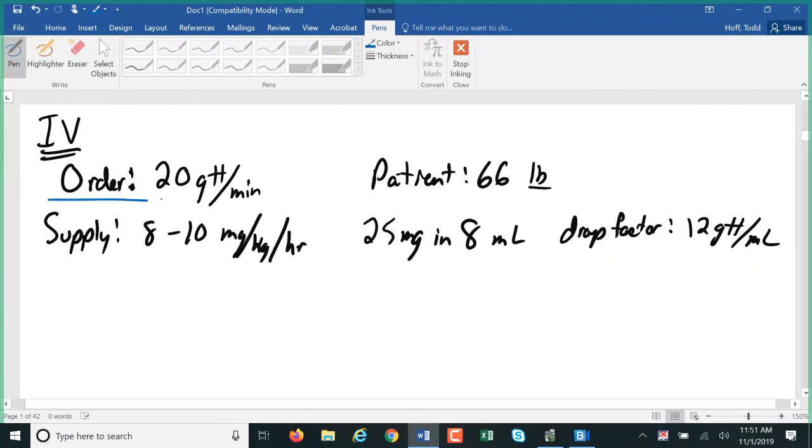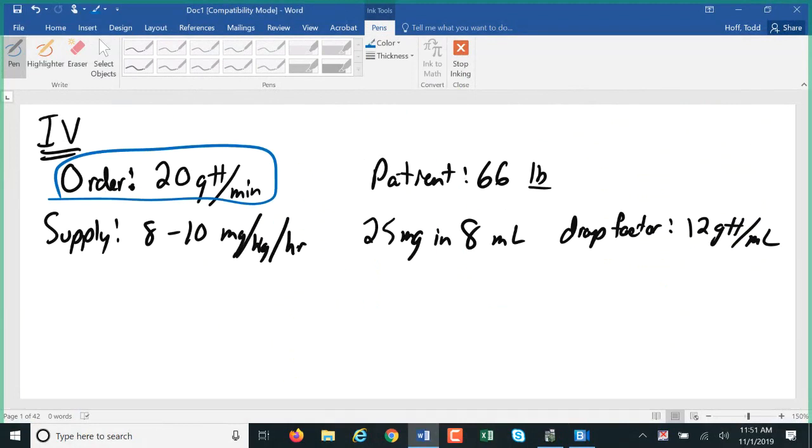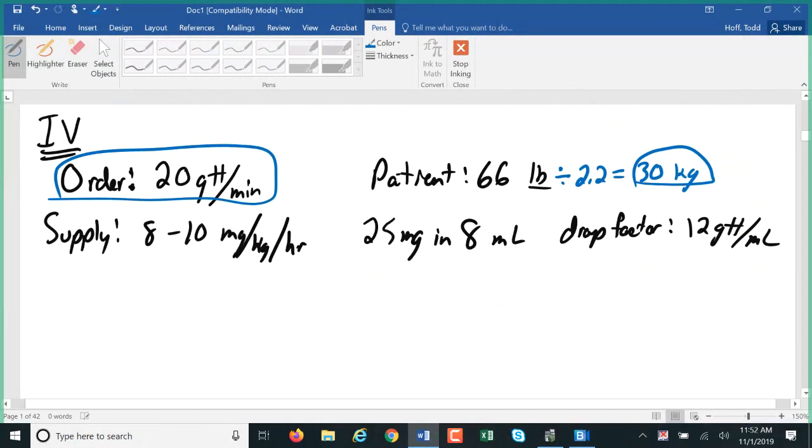So again, we're going to ignore the order and just go with what we know about the patient and calculate the safe dosage based off of that. So we're taking the pounds divided by 2.2, which gives us that our patient is 30 kilograms. Now, we haven't done IVs combined with dosages based on weight yet, so this will be a little bit different for us here.